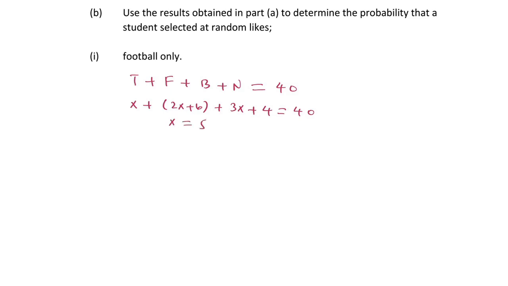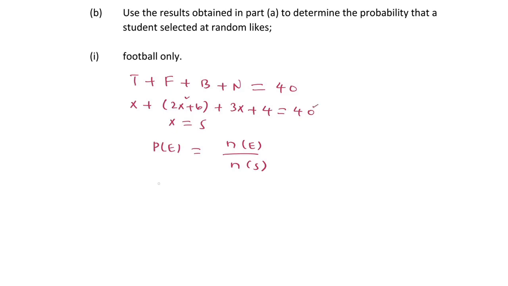Okay, so from the probability formula, probability of an event is given by probability equals number of events over number of sample space. Note that number of events equals students who like football only, which equals 2x plus 6. And also number of sample space equals the total number of students, which equals 40.